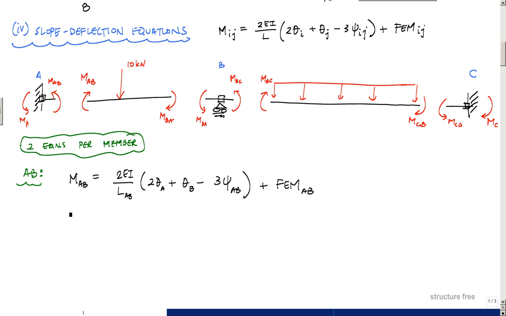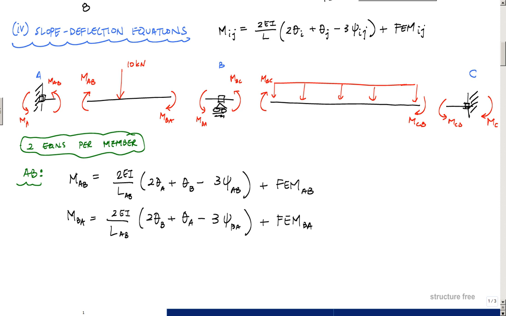Then I look at MBA, which is this side right here, which is 2EI over LAB, again, the same length, 2 theta B plus theta A minus 3 psi BA plus FEM BA. I like this form because I can just look at the equation and substitute A for I and B for J, and just plug and chug right through.